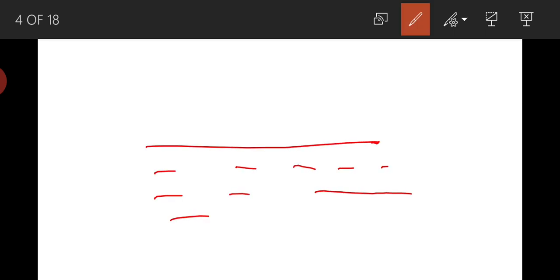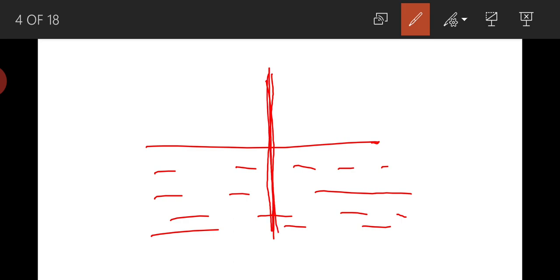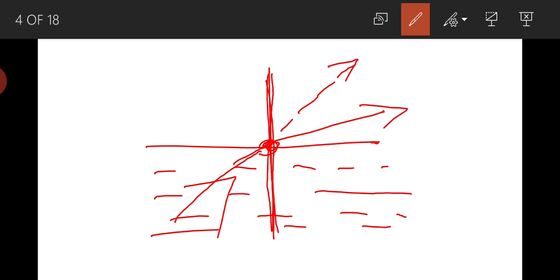For example, if there is water and the light ray is traveling from water to the air, and this is the normal to the surface, this light ray will bend away from the normal. Instead of going straight, it will bend away from the normal.